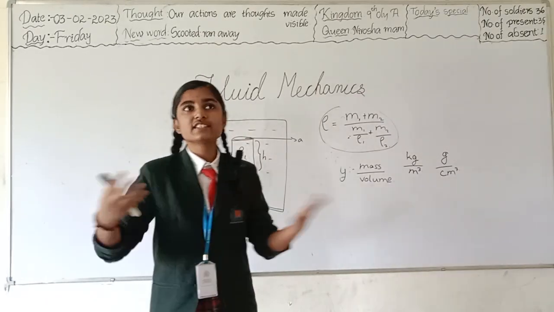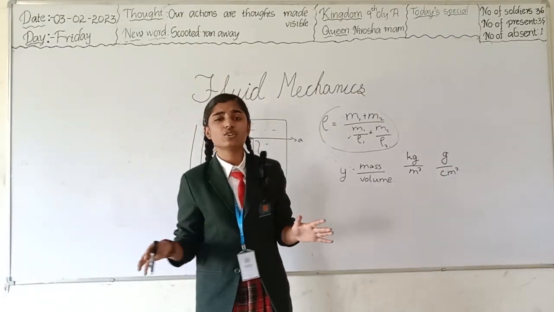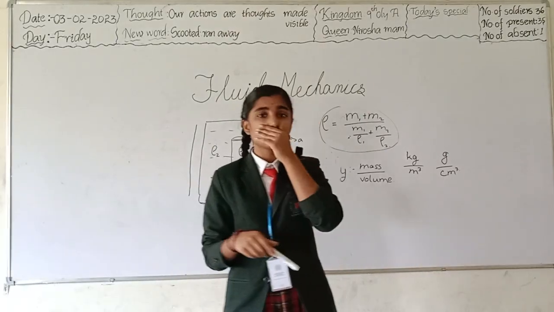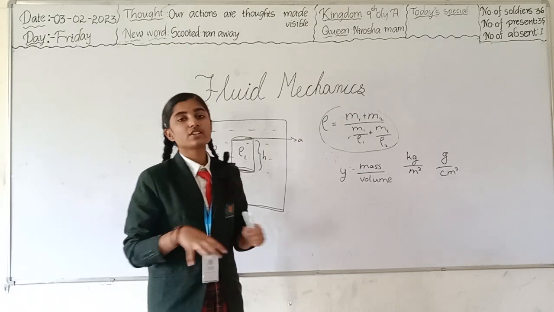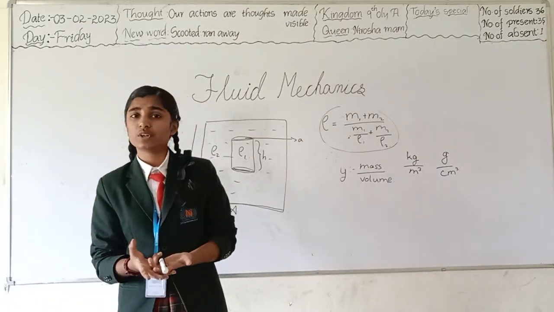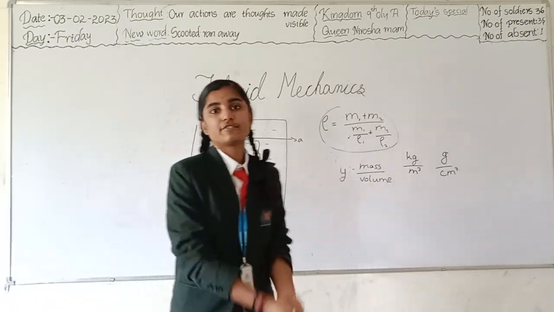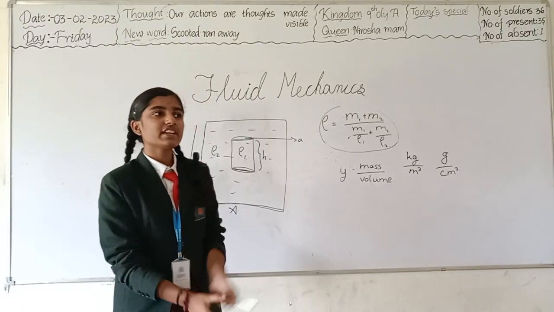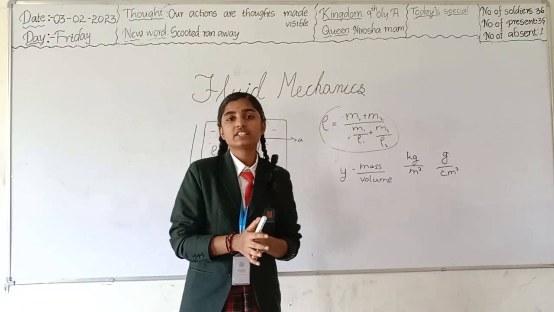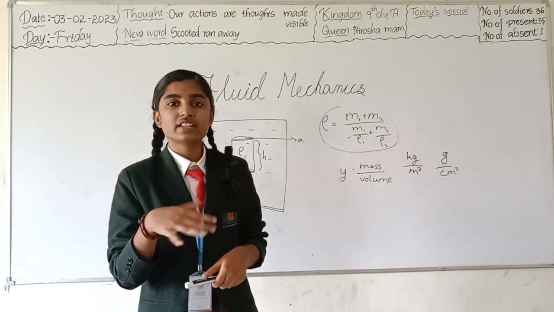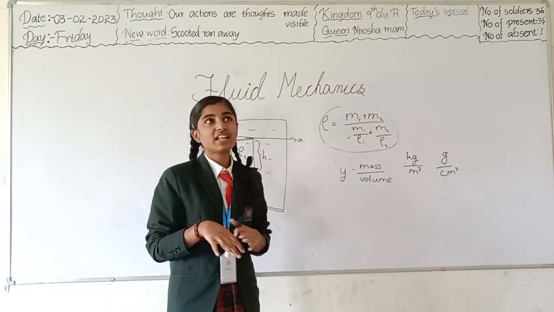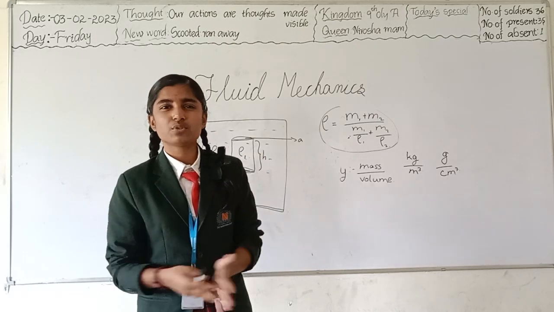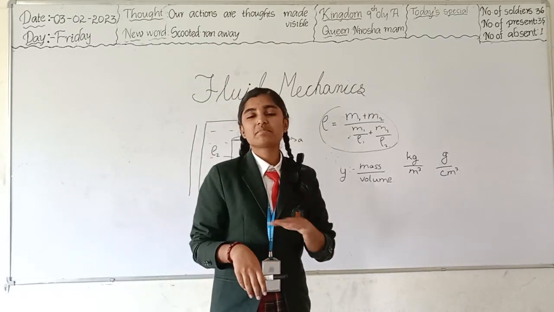So, as the king is so rich, he called the great goldsmith in that kingdom and ordered him to prepare a golden crown.